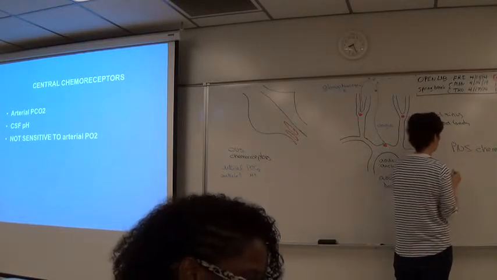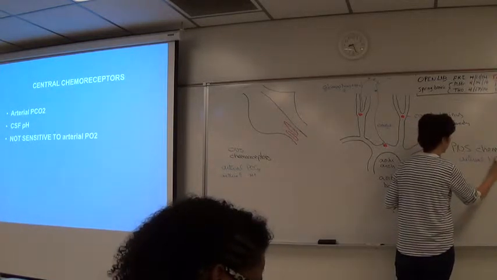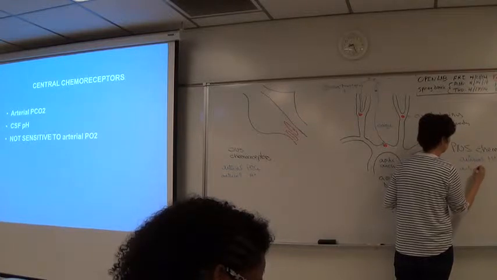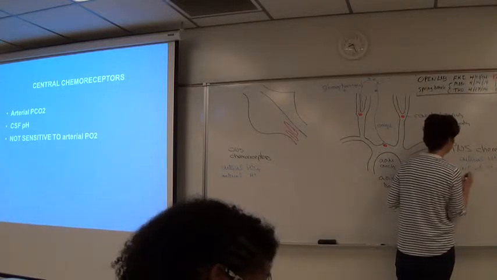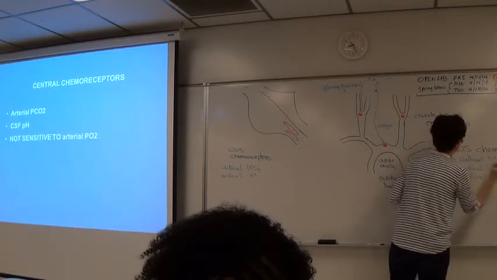So we have arterial hydrogen ions, arterial PO2, and arterial PCO2.